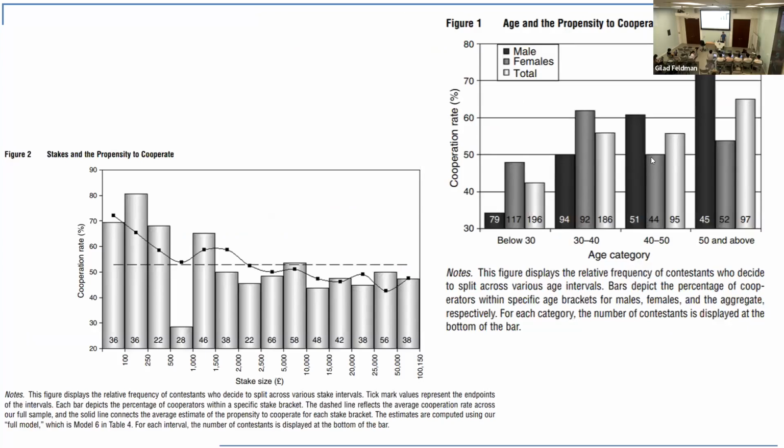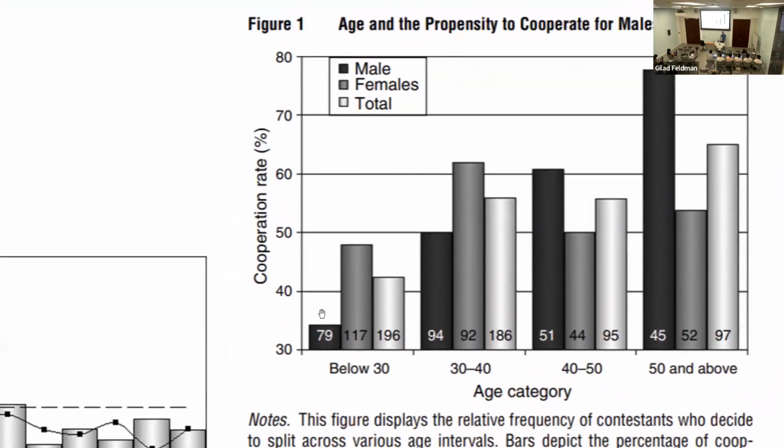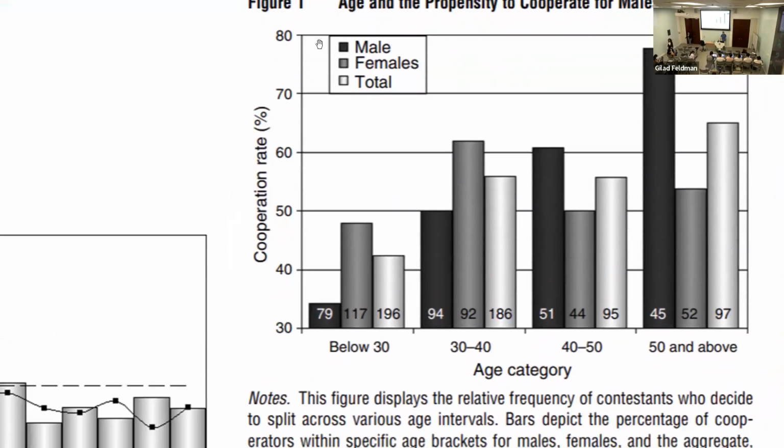So here you can see the pattern. I'll just zoom into this, which is very, very interesting. So for age below 30, you can see we have females and males. Males are the black ones. So we've got much lower rates around the 35 for males and much higher rates for females around the 50, right?